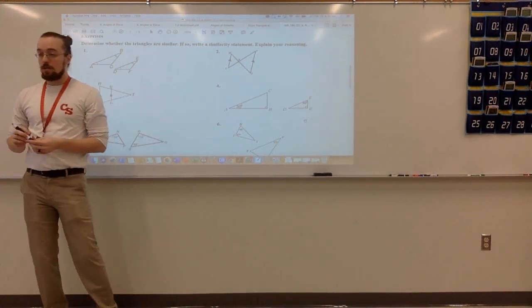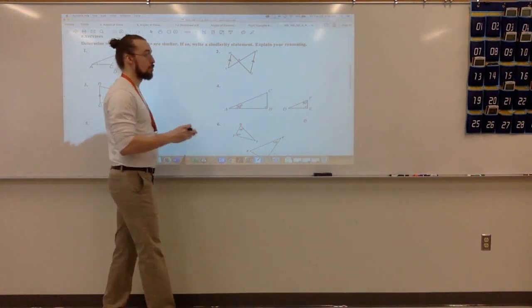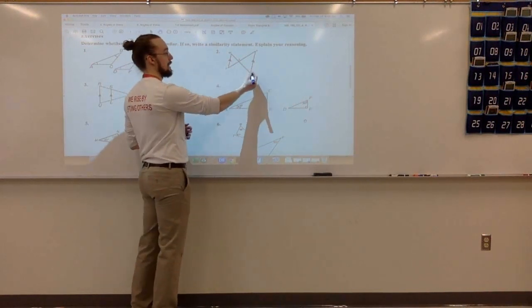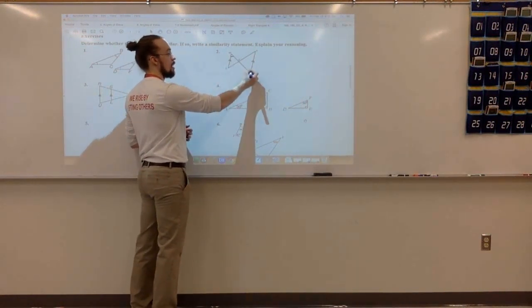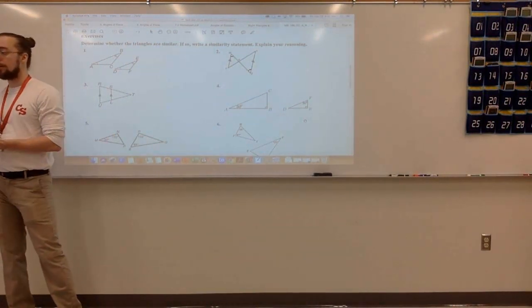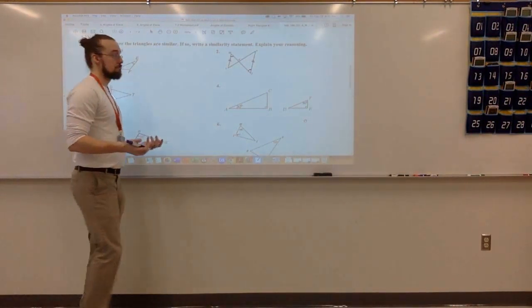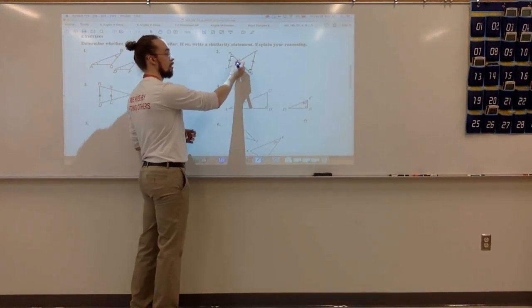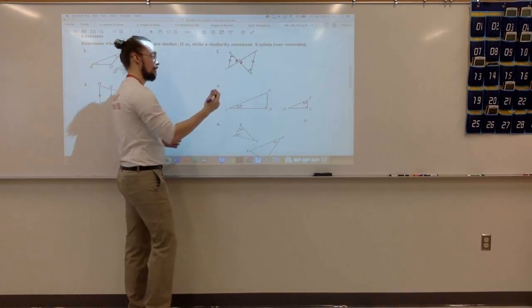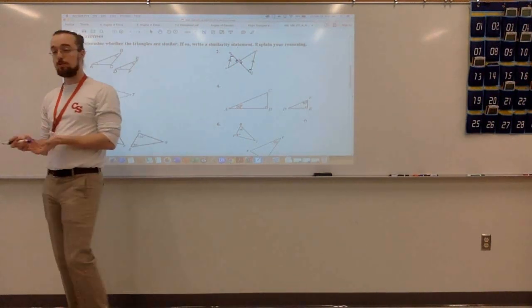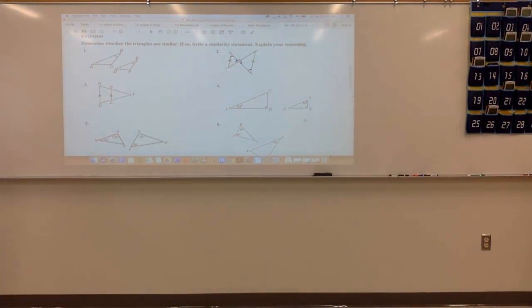So if I've got parallel lines, I can look for things like alternate interior angles. In this example, angle W and angle Z are alternate interior angles. I could also say that these two angles here in the middle are vertical angles, so they would have to be the same. Then, that's enough to claim these two triangles are similar. Okay. Questions?